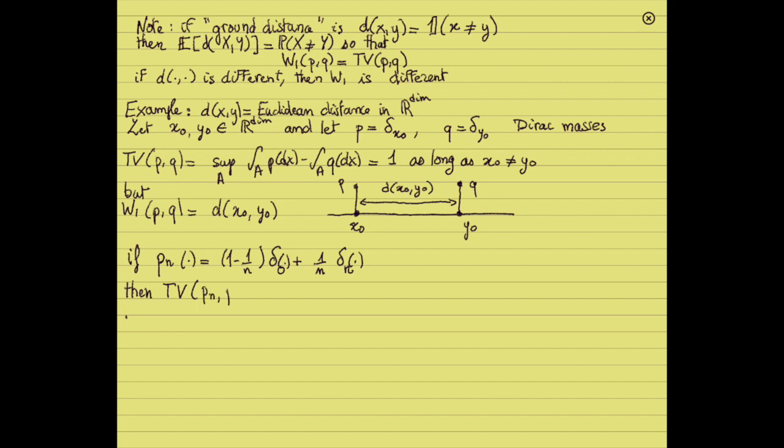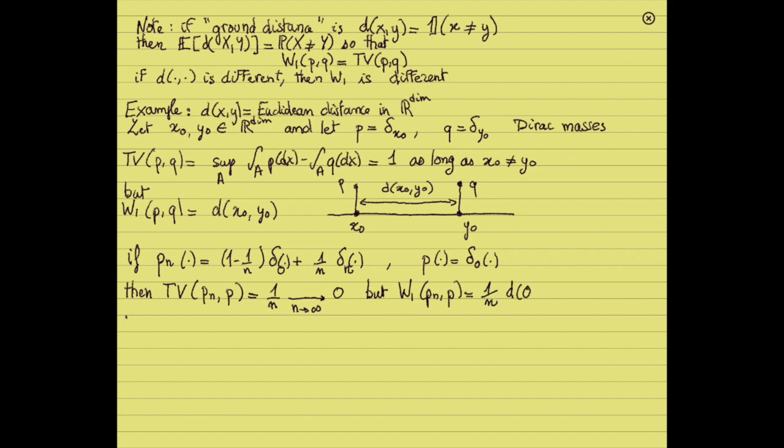The limit, we define it as P equal to a Dirac mass on 0. And then the TV between Pn and P can be computed, and it's equal to 1 over n, which goes to 0. And so Pn goes to P here, which is perhaps intuitive or reasonable.